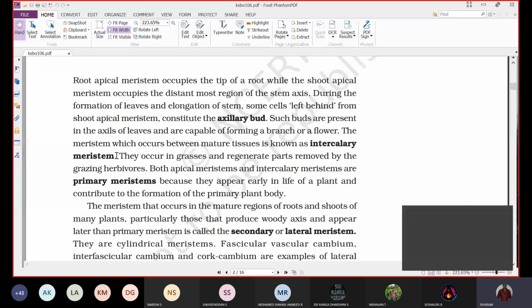This intercalary meristem is nothing but apical meristem only, while growing. Some of the cells of the apical meristem left at the nodes are transformed into intercalary meristem, and that is responsible for the formation of leaves, axillary buds, and elongation of the stem.